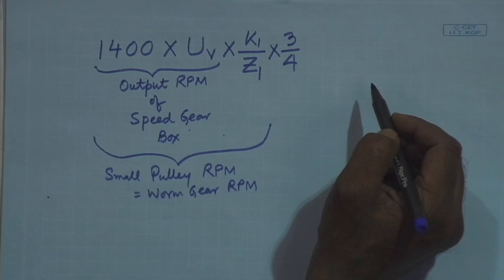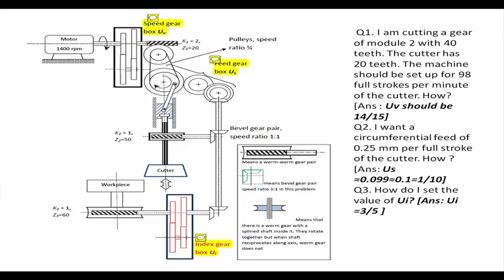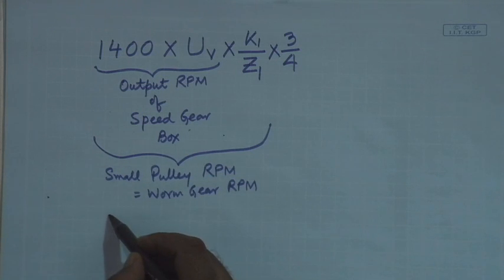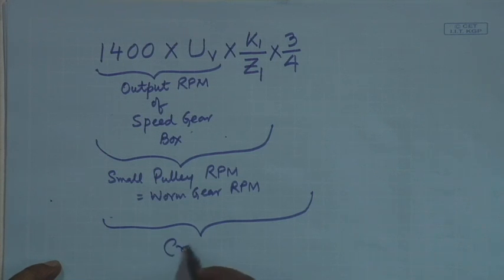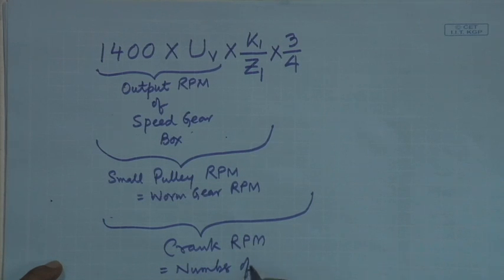So, now we come to the crank. The crank RPM is this. So, we write crank RPM, and this essentially is equal to the number of strokes per minute.